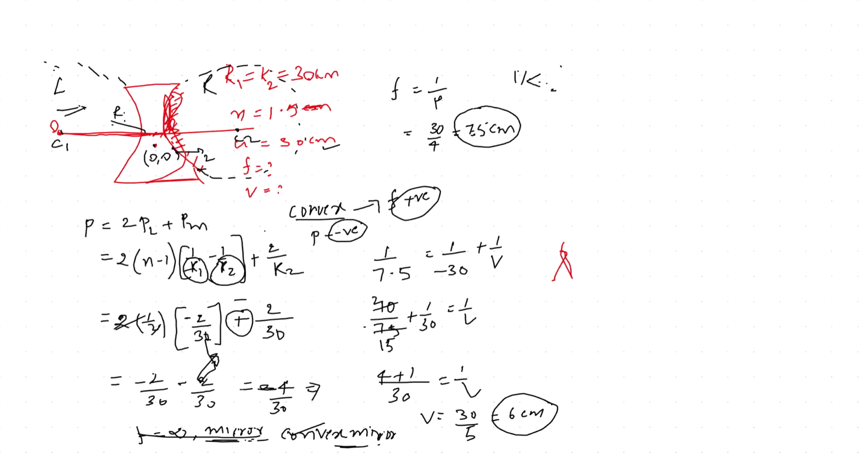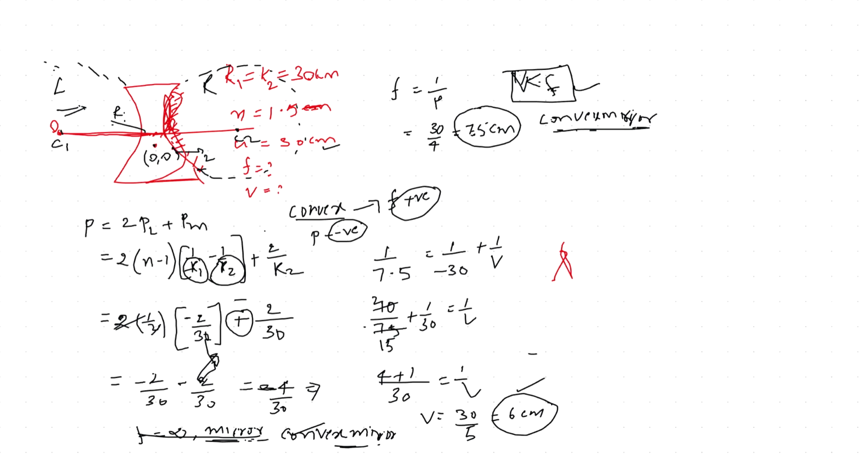The V is less than the focal length in case of convex mirrors. Convex mirror. You are very clear, right? In a convex mirror, V is less than F. That means the image forms between focus and pole, right? Focus and pole. V is less than F. So our answer is correct.